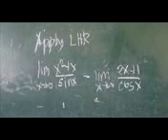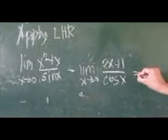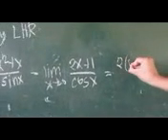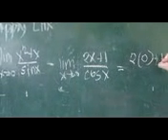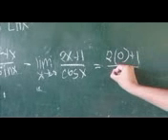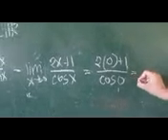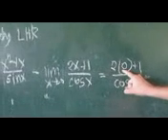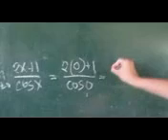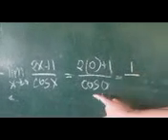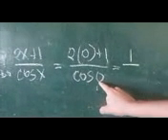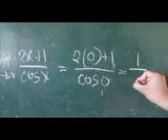After getting the derivatives, we can apply the limit theorem. We substitute 0 as the value of x. Now we have 2 times 0 plus 1 all over cosine 0, which is 1 all over 1, since cosine 0 is 1.